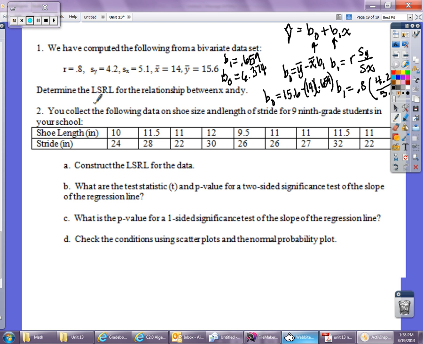So your equation is going to be y hat equals b sub 0, which is 6.374, plus 0.659x. Okay?